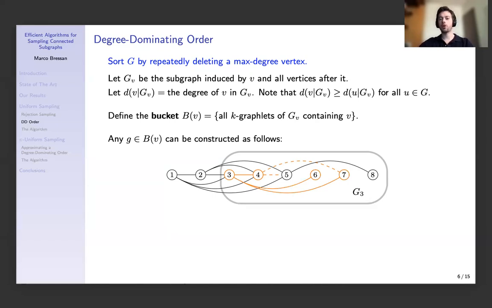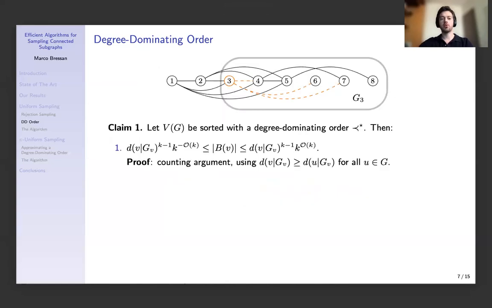And now the crucial observation is that the vertex V, in this case 3, has degree d_V given G_V, and every other node has at most that degree in G_V. So by this observation, we can make three useful claims. The first one is that the number of graphlets in bucket B_V is roughly the degree of V in G_V to the power of k minus 1. This holds by simple counting arguments on spanning trees, using the fact that I just said of the degree domination.